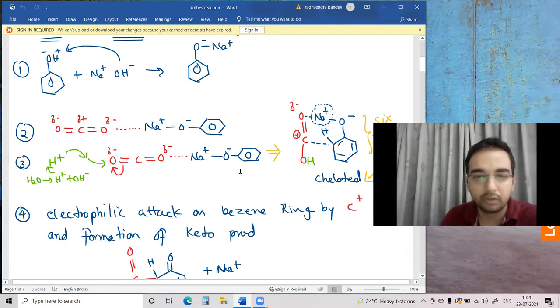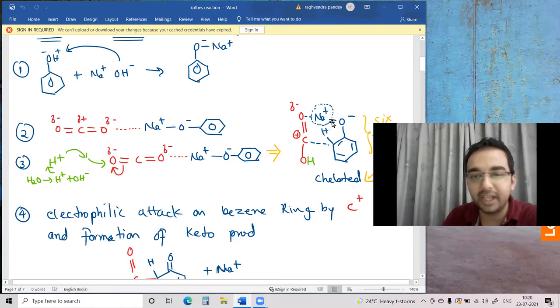Now all of this, the first, second, and third steps, creates a 6-membered chelated ring. In this 6-membered chelated ring, the carbon positive is attracted towards the pi electron density of the benzene ring.